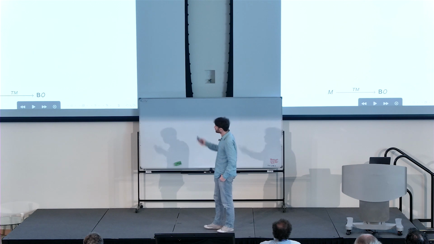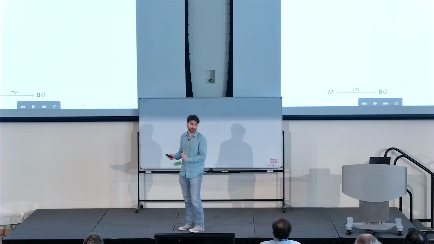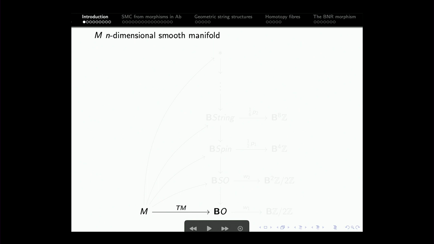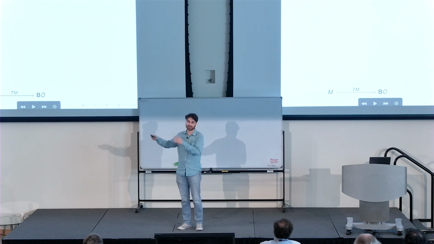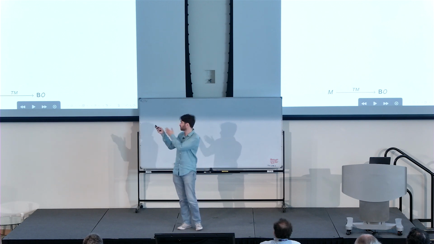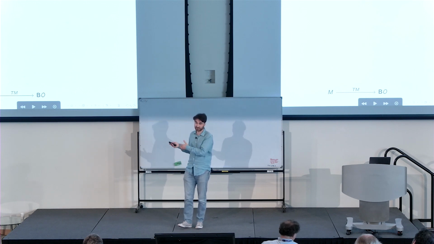We start just with an n-dimensional manifold, n is fixed, and we look at its tangent bundle. Its tangent bundle can be seen as a map to BO. That should be BO_n, but then we embed O_n into O_{n+1}, O_{n+2}, and so on. We stabilize, so TM actually denotes the stable tangent bundle here.